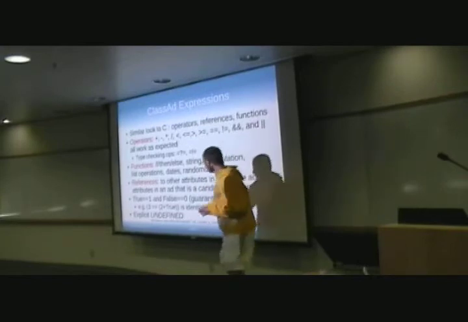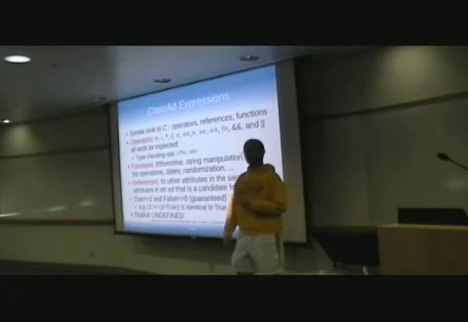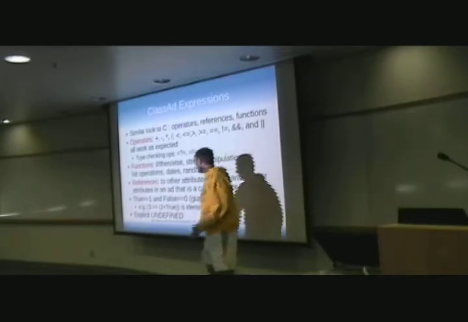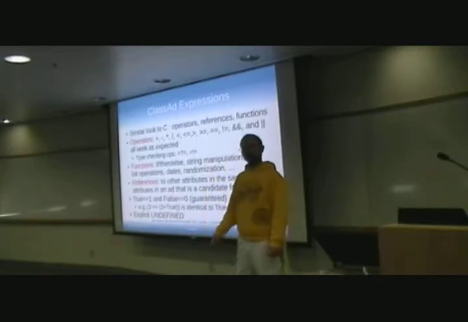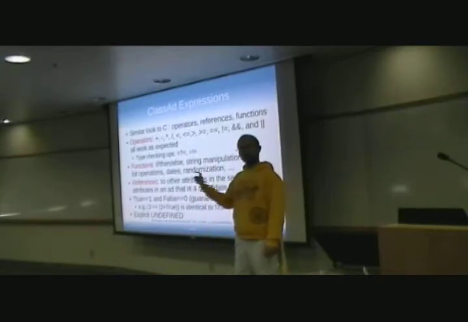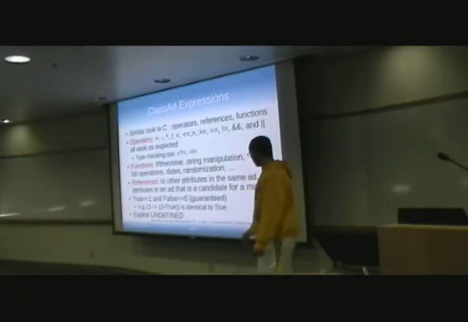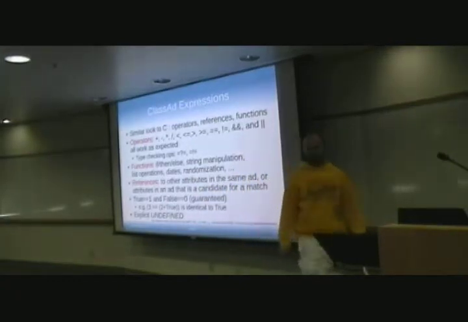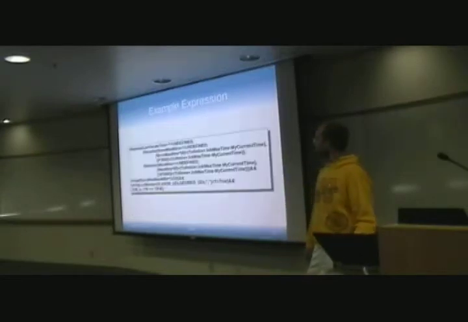So you can do something like this and still get a reasonable expression out of it. And they have an explicit undefined behavior. So you can actually say something equal question mark equal undefined, and you can actually look for undefineds. Pretty nice. And here is a link if you want more details. That's really just a very high overview.